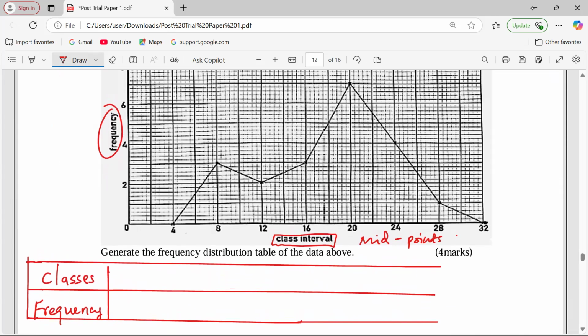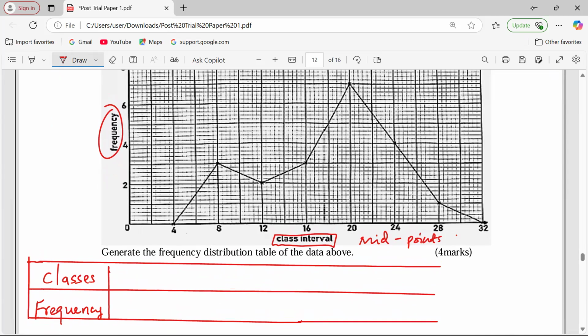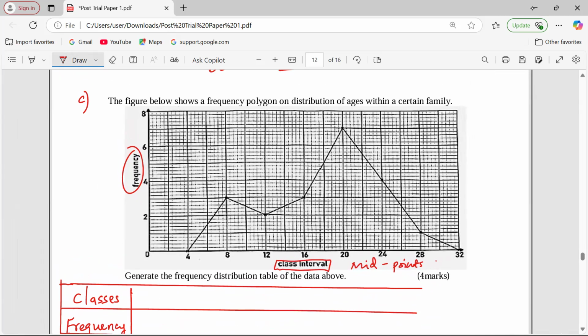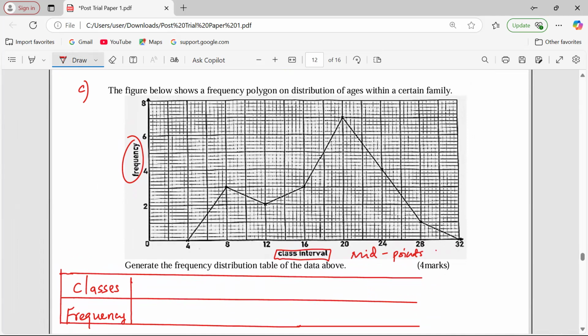Again, I would urge students, because there are several tactics of handling questions, and I want to give you a trick in this one. We know that a frequency polygon can be mounted on a histogram. Therefore, assuming that there was a histogram here onto which this frequency polygon was mounted, then we would be having a bar there, because we usually join the mid of the bars.